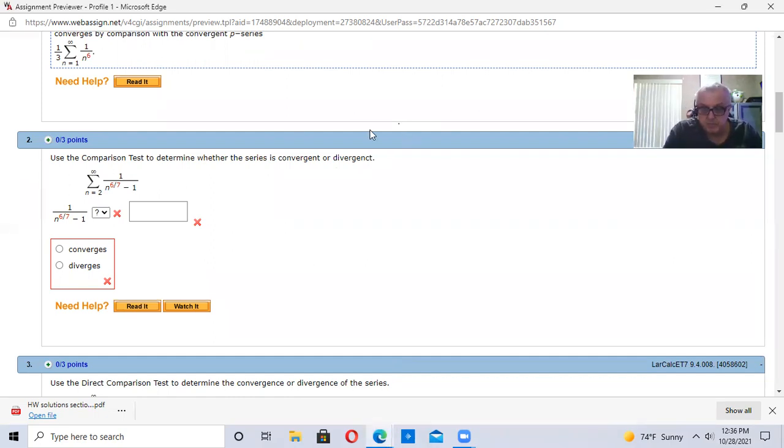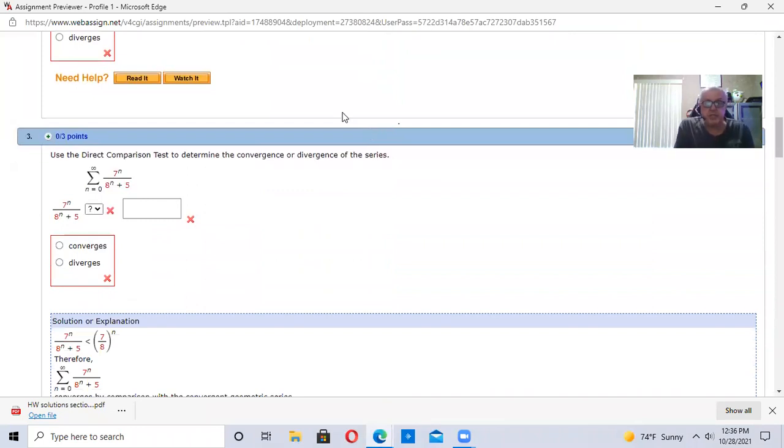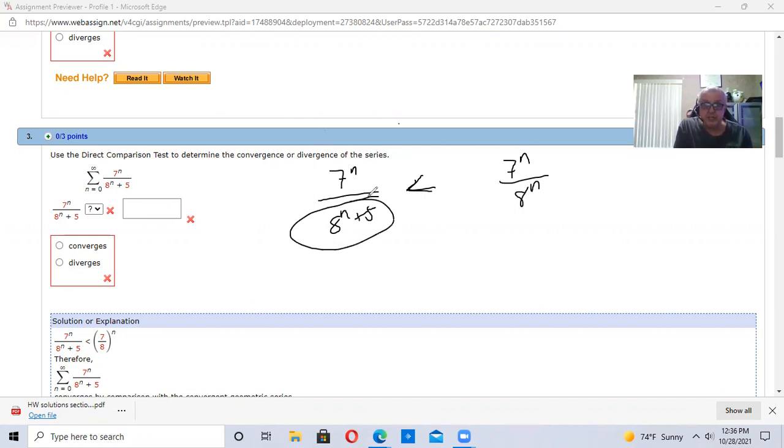All right. Going to question 3. Question 3, we have 7 to the n over 8 to the n plus 5. And is this smaller than 7 to the n over 8 to the n, without the plus 5? If you plug in some numbers into here, anything over 1, sometimes 1 doesn't work, but if you plug in any number like 2, what happens is you add 5 to this number. So I'm not even looking at the top, I'm not even going to do the math.